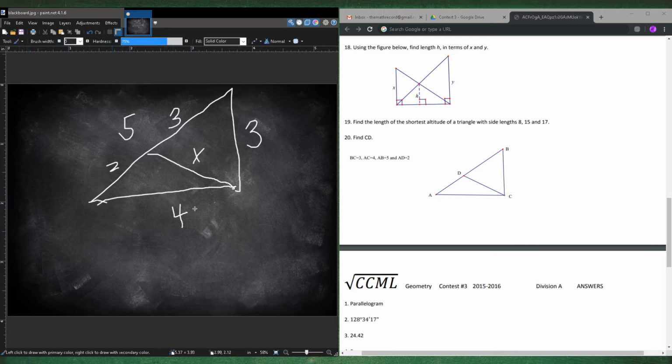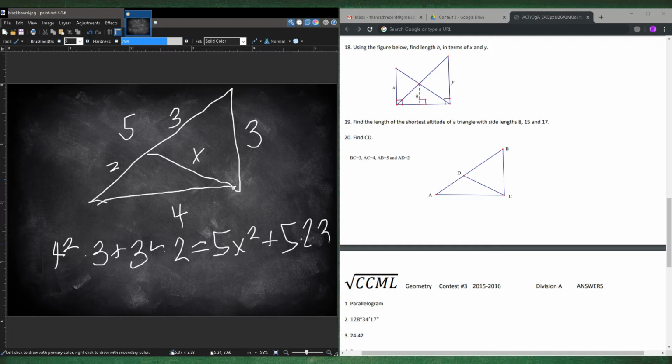It states that one of the legs squared times the opposite side, which is 3, plus the other leg squared times the other side, which is 2, is equal to the last side length, which is 5, times the diagonal squared, plus the last side length, 5, times the smaller ones, 2 and 3. So that's the theorem.